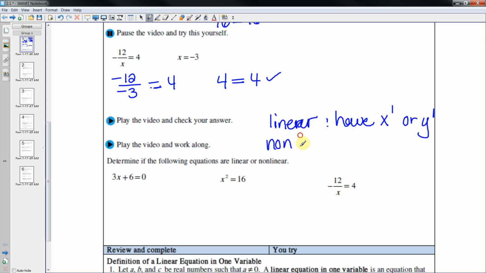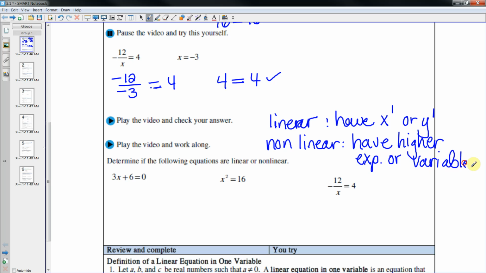Nonlinear, they have higher exponents or a variable in the denominator of a fraction. So those would make things nonlinear.